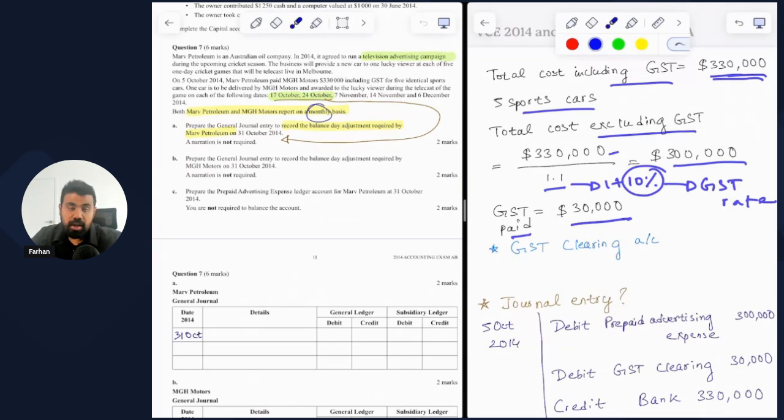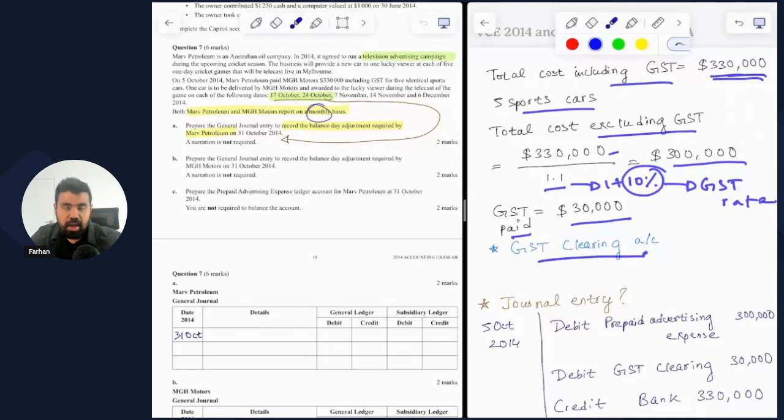So where do you think this GST paid of $30,000 need to be included? If you guessed the debit side, that is correct. Because when we pay GST, this is used to reduce our obligation that we have with the ATO for the GST that we collect from our customers. So GST paid recorded on the debit side of the GST clearing account simply refers to the reduction in the obligation or liability that we have with the ATO.